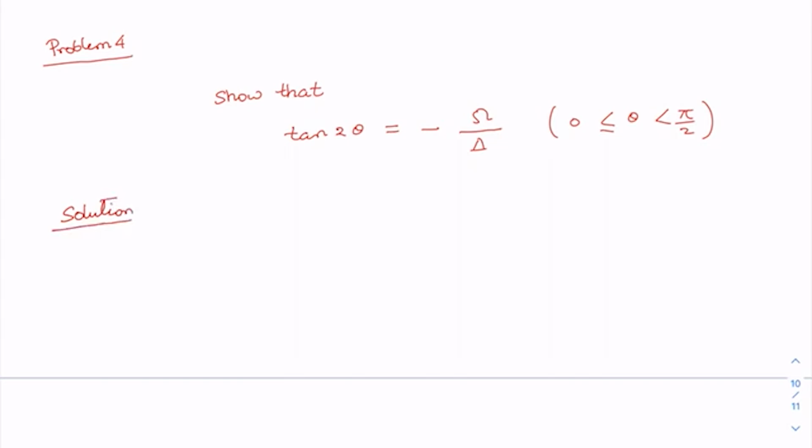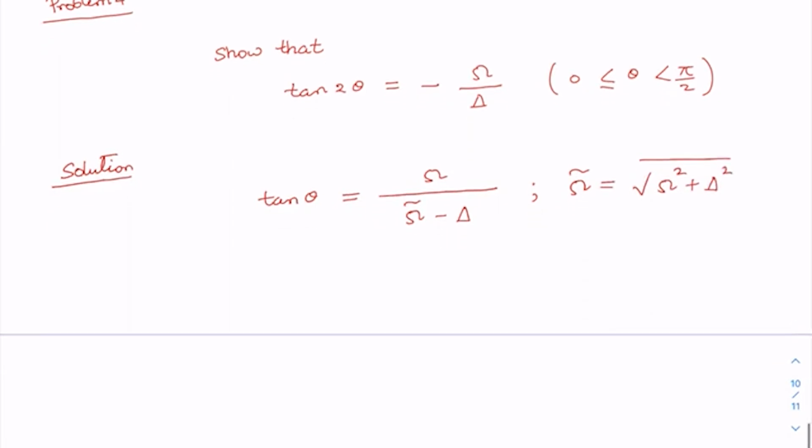In the lecture, if you recall, we got this relation: tan theta, where theta is the Stückelberg angle, is equal to omega, that is the Rabi frequency, divided by omega tilde minus delta. Omega tilde is the generalized Rabi frequency, which is equal to the square root of omega squared plus delta squared. Delta is the detuning parameter.